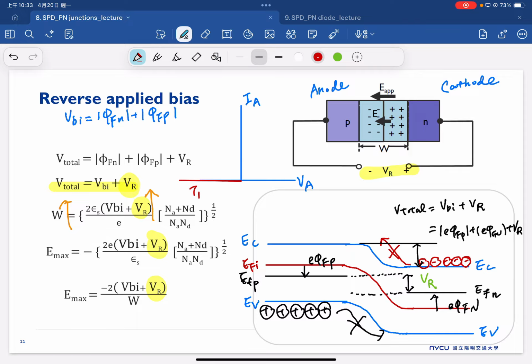This current IR should approach 0, right? So based on the understanding of the barrier height and depletion width, that is already enough for us to guess the current characteristic as we increase the reverse bias.